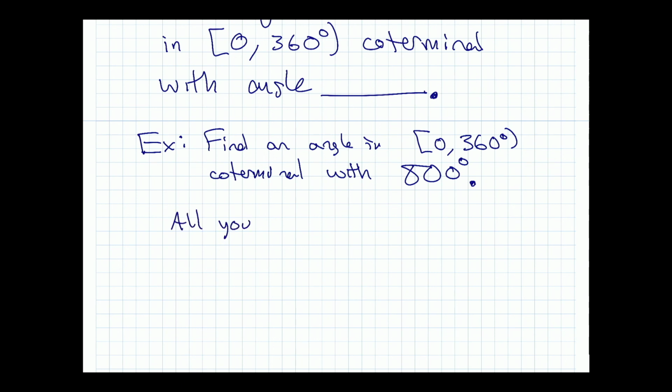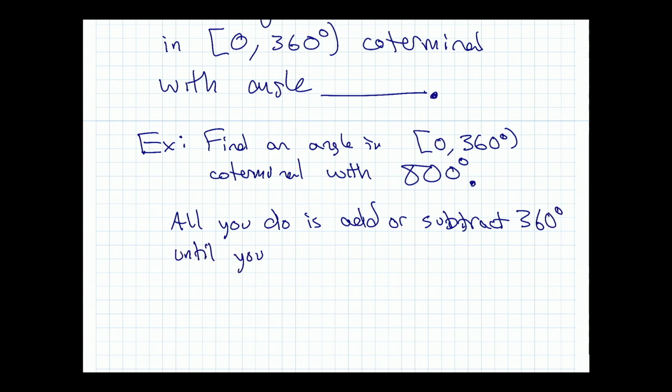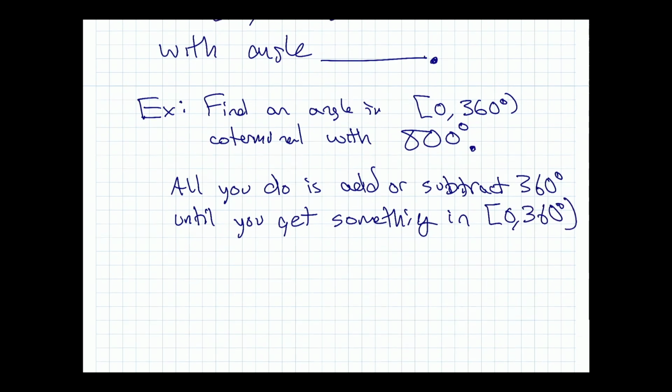All you do is add or subtract 360 degrees until you get something in the range you want. Right?